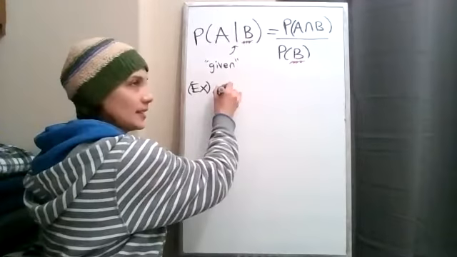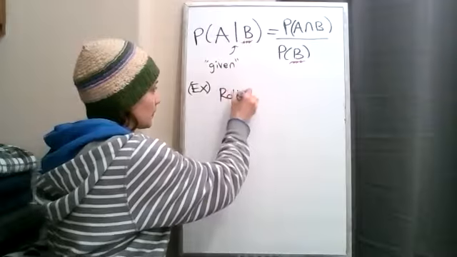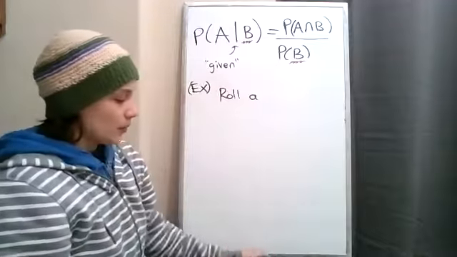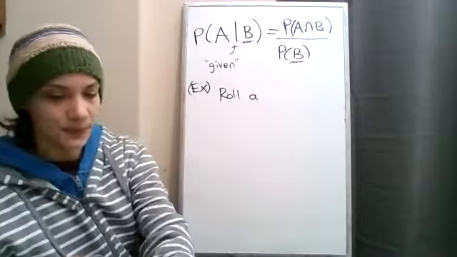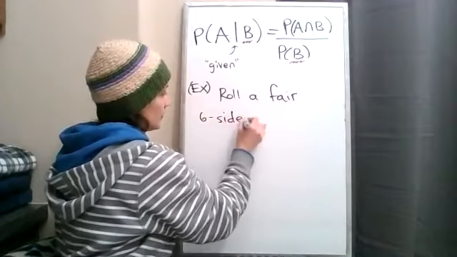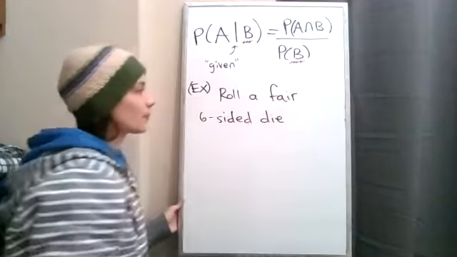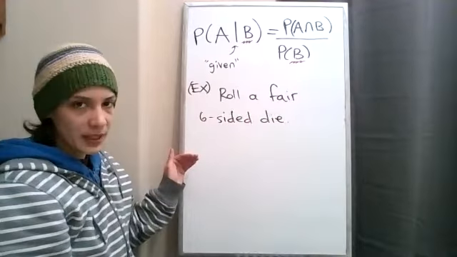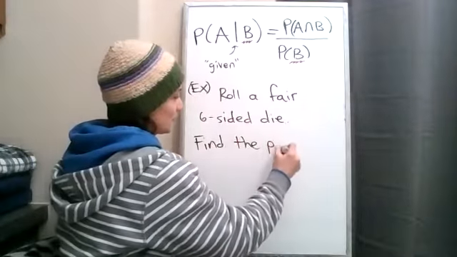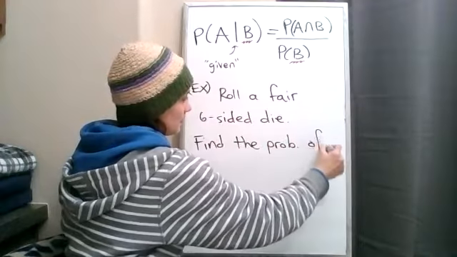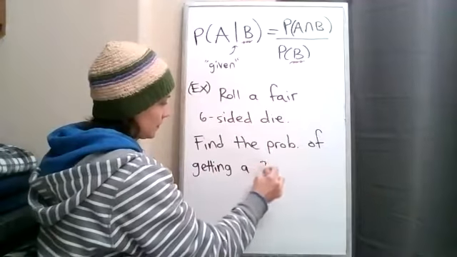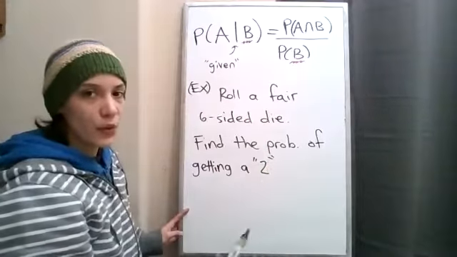Okay. Let's roll a fair six-sided die. Find the probability of getting a 2 given that the roll was even.